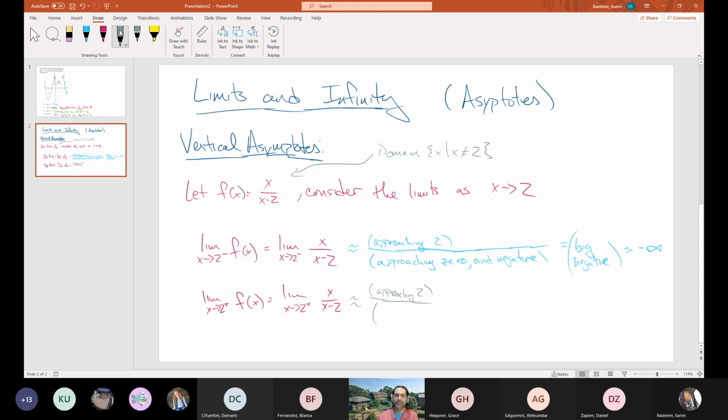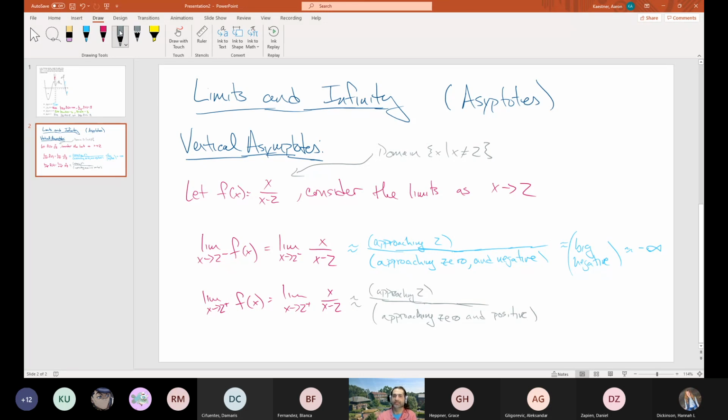But my denominator now, if I'm plugging in numbers that are just slightly bigger than 2 and I subtract 2, what I get back is not negative anymore. Now it's going to be positive. In other words, this time I'm taking 2 and dividing it by really small positive numbers.